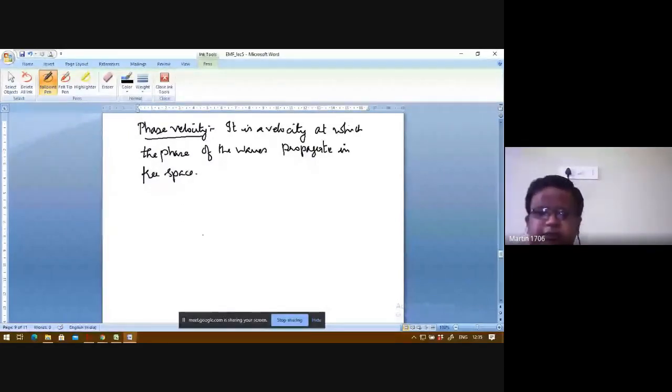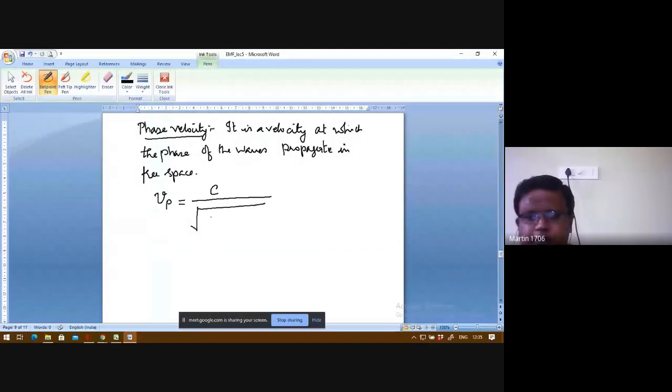Actually, it is a general formula. Please remember the formula; it does not have separate derivations. It is denoted by the symbol Vp. Vp is equal to C divided by root of 1 minus omega p divided by omega c, the whole square.